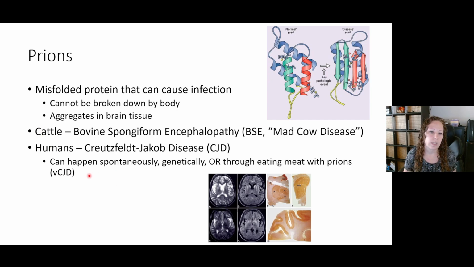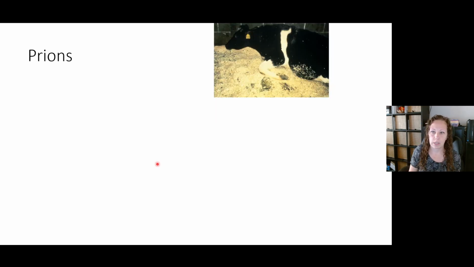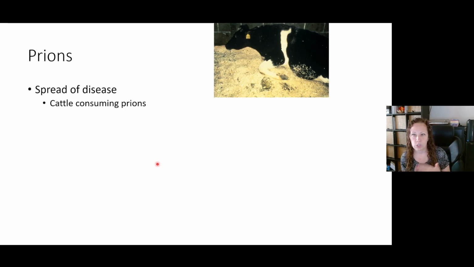And so when that happens in humans, it is called variant Creutzfeldt-Jakob disease. Okay, variant. And so that shows that you've gotten it not from a natural spontaneous way, that you've eaten the prions. So how is this spread? Cattle consume prions, and then we eat the meat that has the prions in it. That is how humans can get the variant Creutzfeldt-Jakob disease.